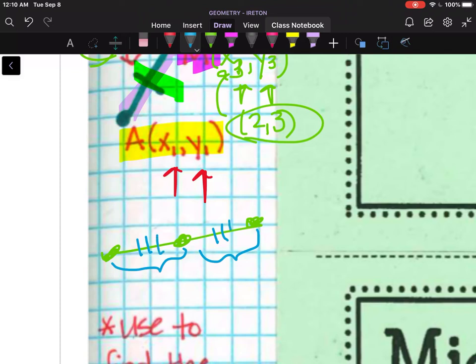They could be 3. It just depends. So you want to make sure that if you've already used one little dash, tick mark, whatever you want to call it, to represent these two segments, you can't reuse them unless you're saying another segment is also congruent to those two. Okay, you could say that.